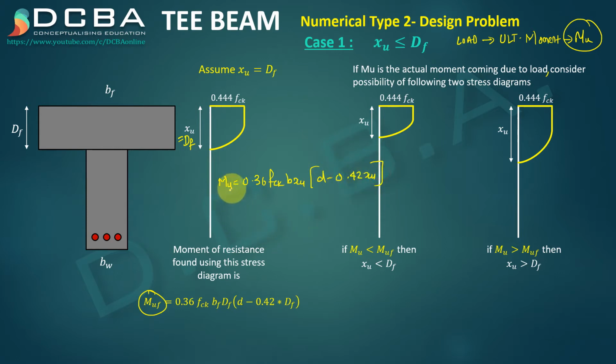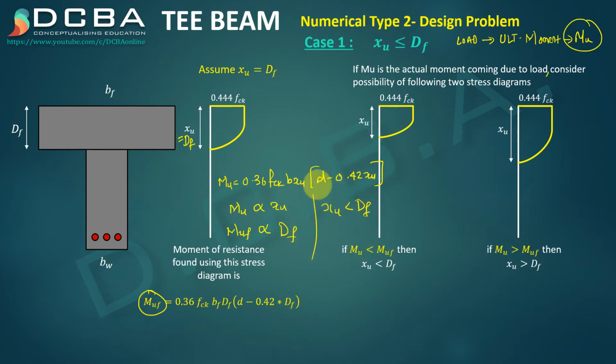What I can see from this formula is MU is directly proportional to xu, correct? MUF is directly proportional to df, right? So if MU is less than MUF, does that not mean that xu is less than df, correct?